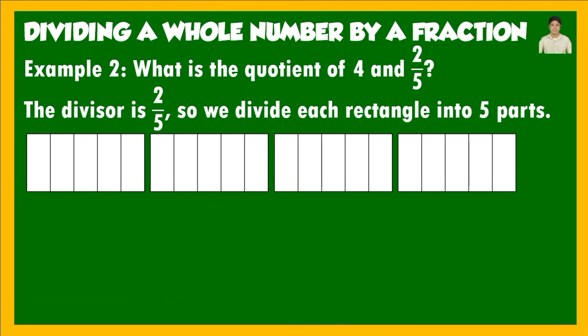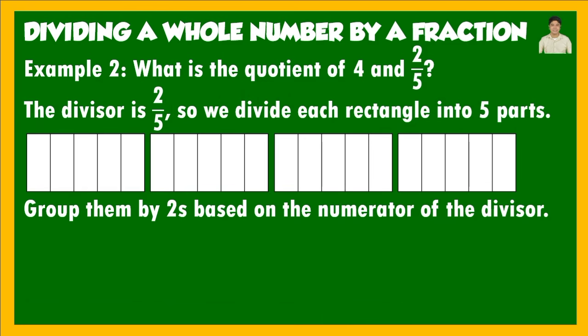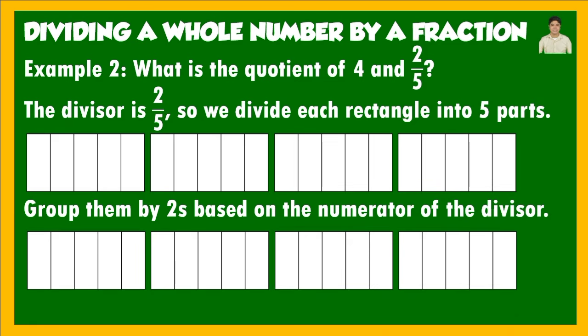Next, group them by 2s based on the numerator of the divisor. Kanina, group them by 1. Ngayon, dahil more than 1 na, paano natin ipapakita yung groupings? Gamit tayo ulit ng number. Ito, 1, 1.